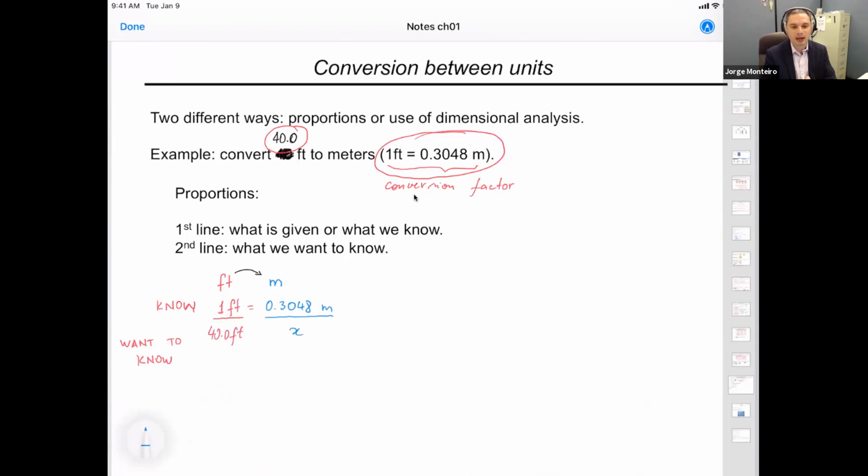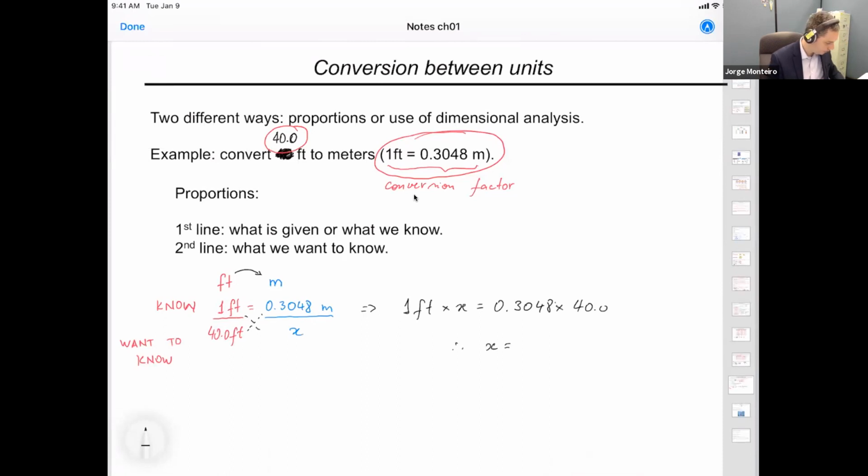So it's an equality, okay? So that means the left side must be equal to the right side. So to solve that, you can do a cross multiplication. So you're going to end up with 1 foot times x equals 0.3048 times 40.